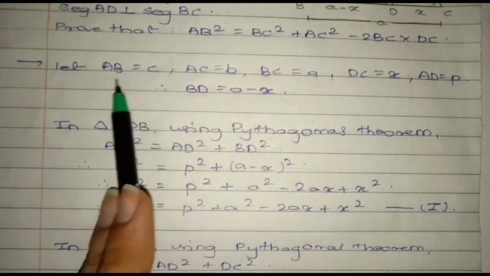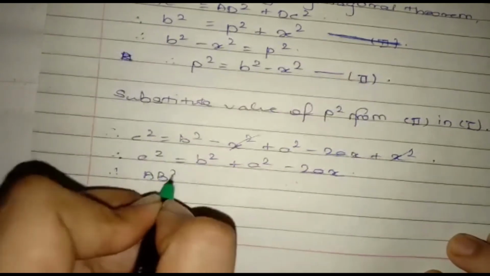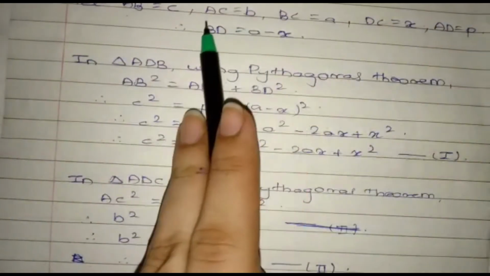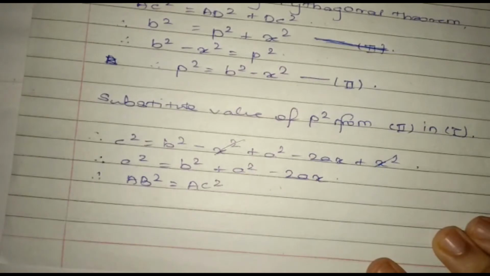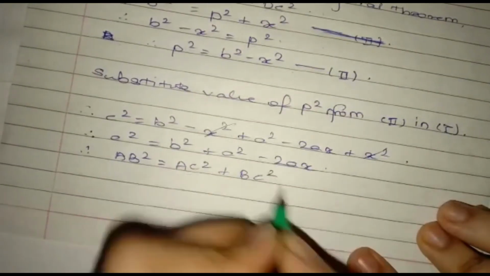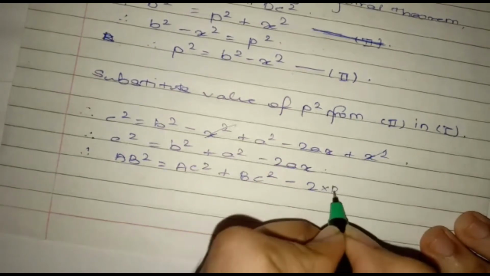Okay, now what is C square? C is AB, so we will get AB square. C square is AB square. Therefore AB square is equal to, what is B? B is AC, so AC square plus what is A? A is BC, BC square minus 2, A we substituted as BC, 2 into BC into what is X?